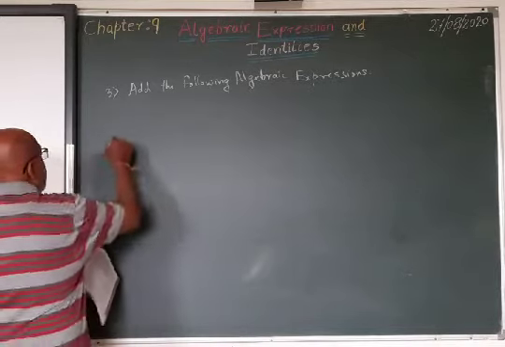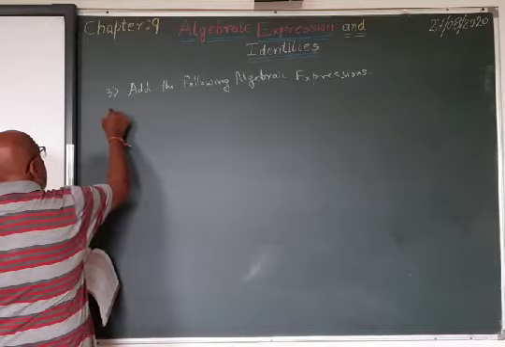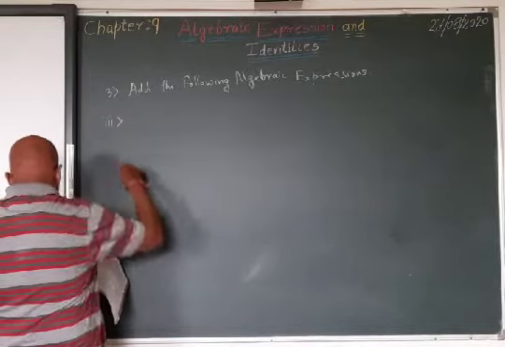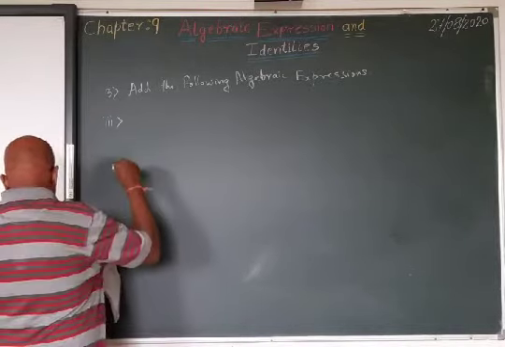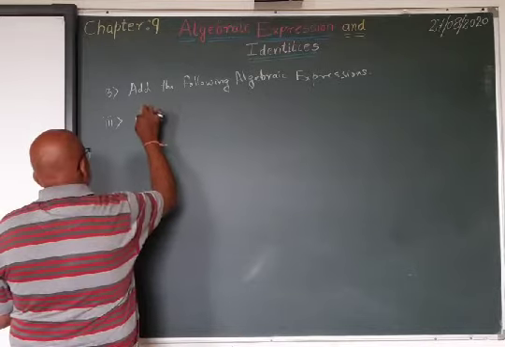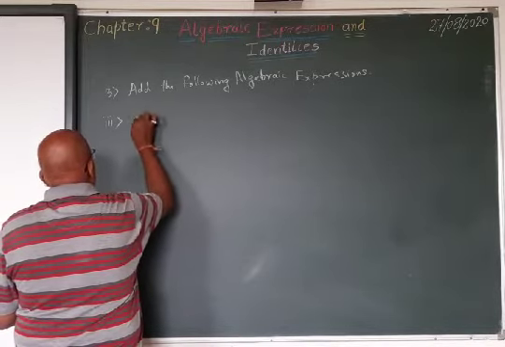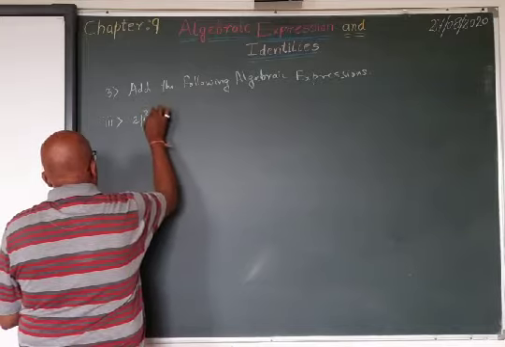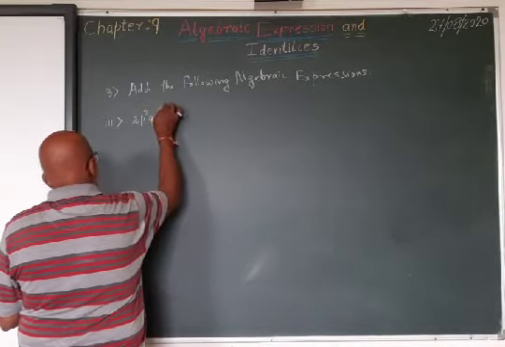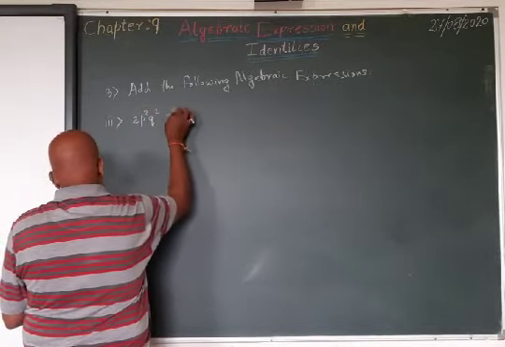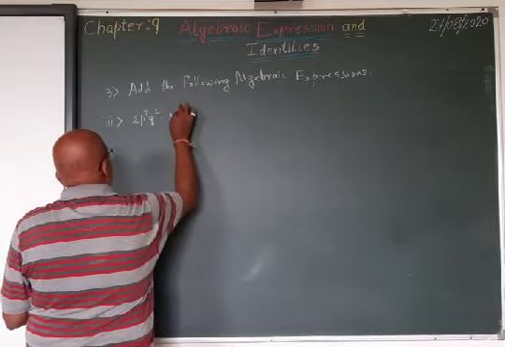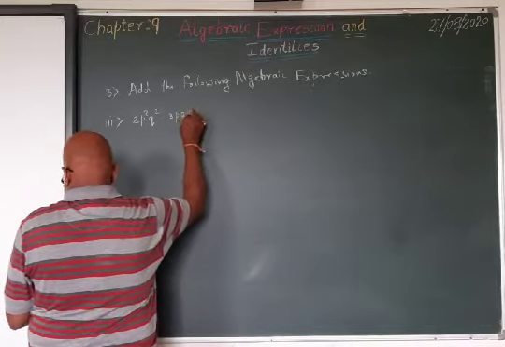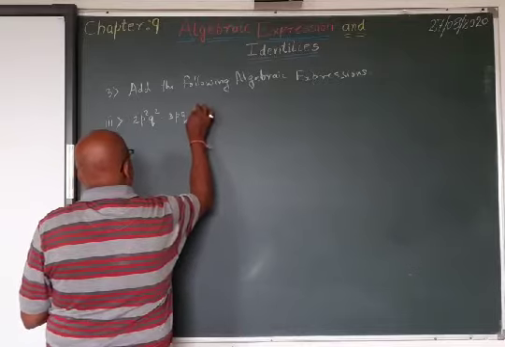Third one I will take. The given terms are 2p square q square minus 3pq plus 4.